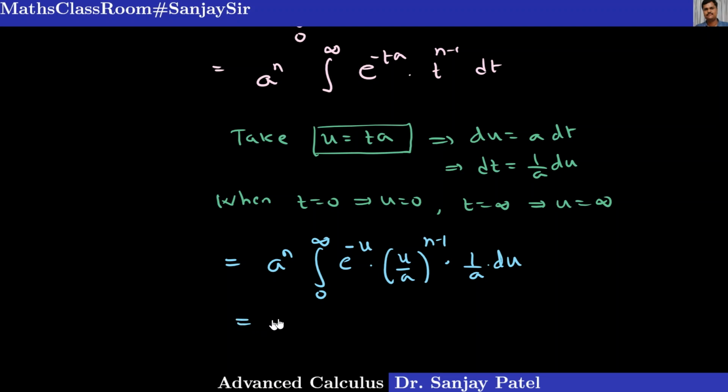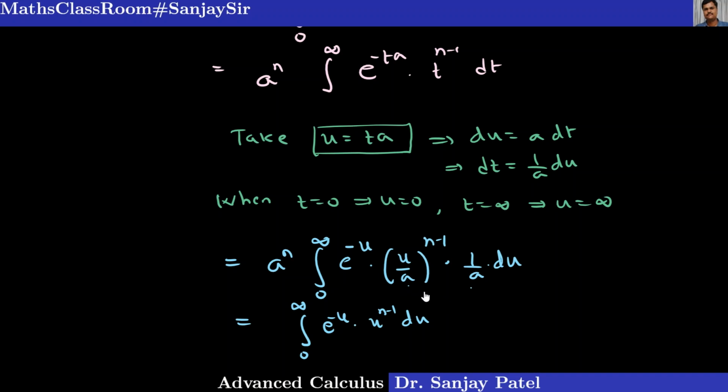So simplifying, this is a raised to n minus 1 and this is a. So you will get a raised to n in the denominator, and that will be cancelled with this. So we will get simply integral 0 to infinity e raised to minus u into u raised to n minus 1 du. Remember this a and a raised to n all will be cancelled. This is a raised to n minus 1 into a in the denominator.